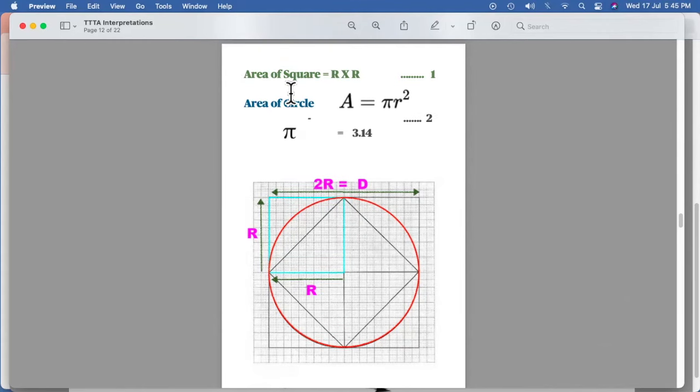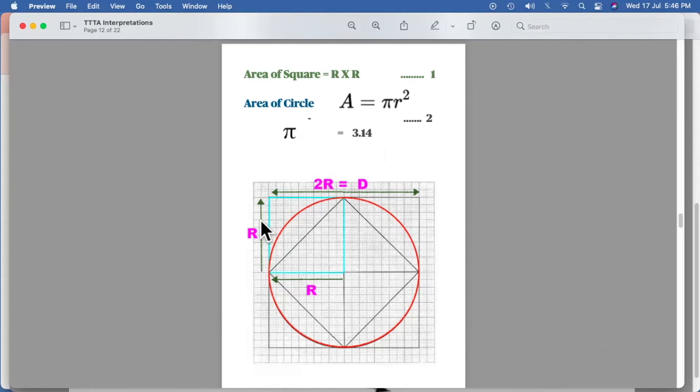Let's assume we have a square whose side is r. So the area of this square is r into r, that is r square. We have this bigger square which has one side as d and its area is d square. Now we have this circle marked in red and its area is pi r square, and the value of pi is 3.14.